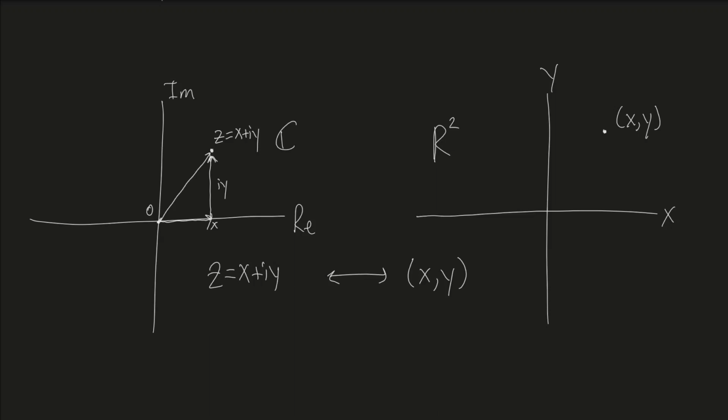And so we can make this very natural map between the complex numbers and R2 that serves as this natural identification between these two sets.